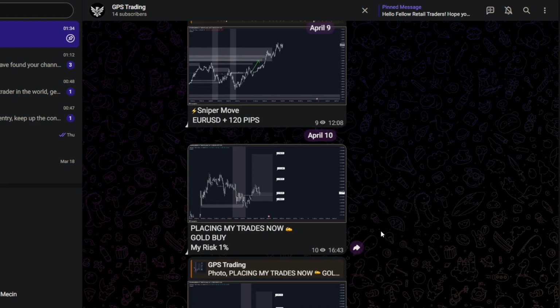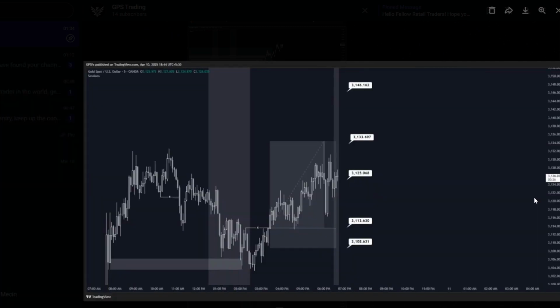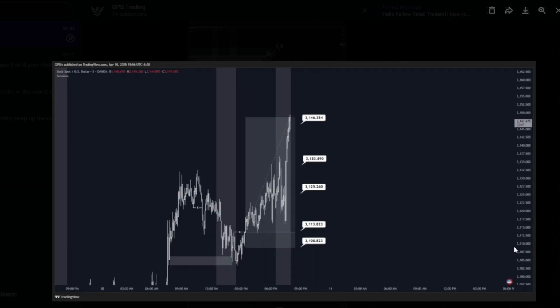So in this video, I'll be explaining two important trades that I took this week, which I also share in this Telegram channel. This is the first trade, a gold trade. This is the setup that I shared before I took the entry. This is the entry point, and this trade turned out to be a winner.